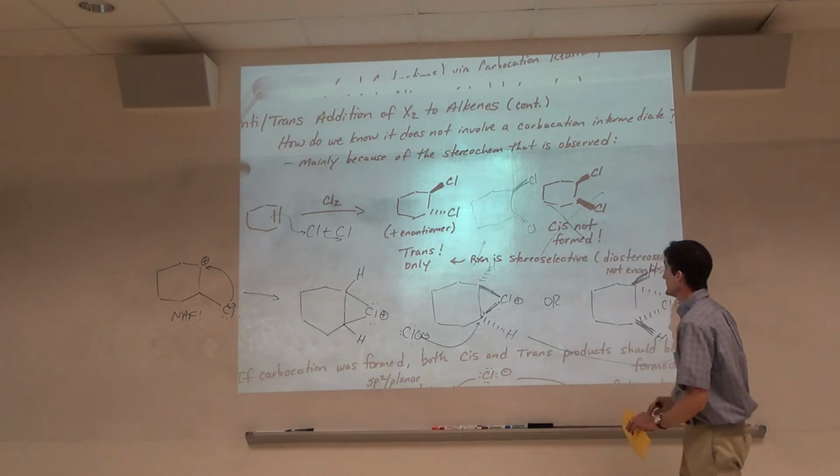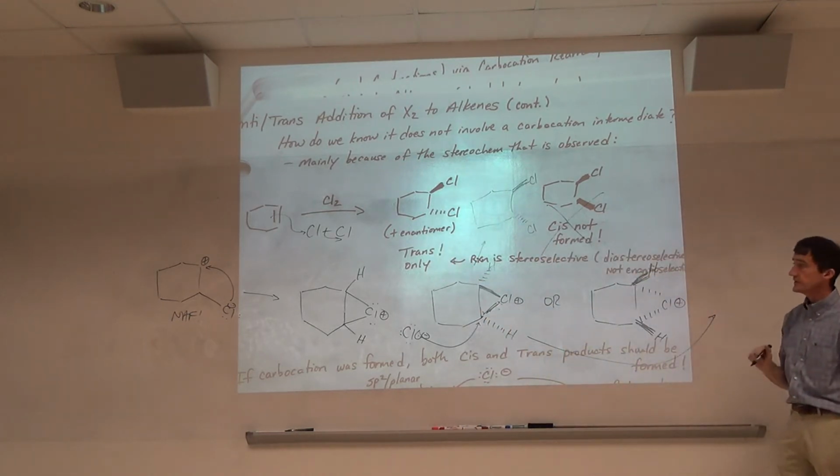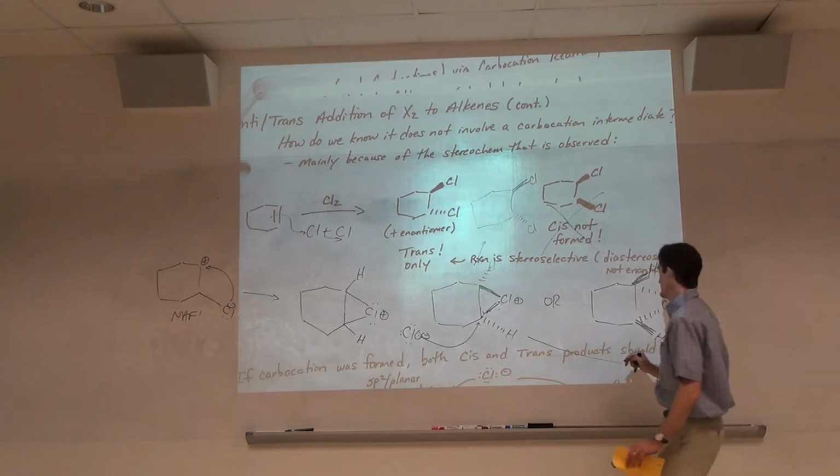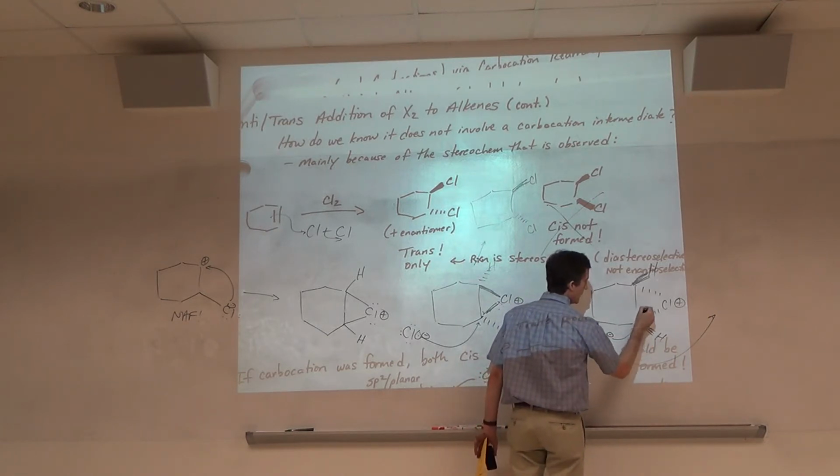Okay? Now, what is the enantiomer? We'll cover that starting next week. The enantiomer is the mirror image. That's where everything is reversed. If the chlorine attached here, what would we get?